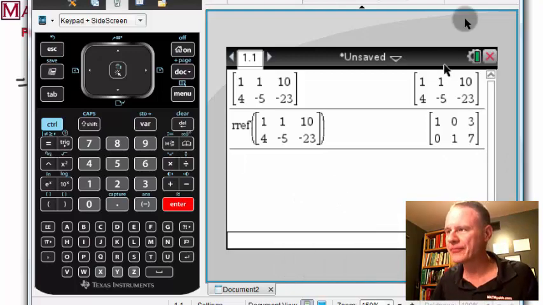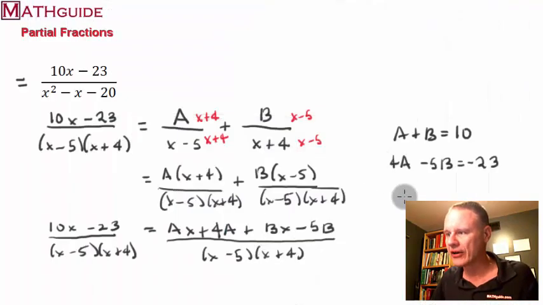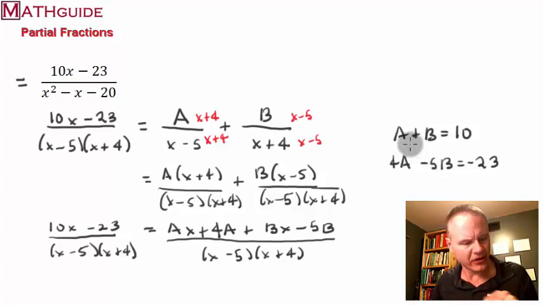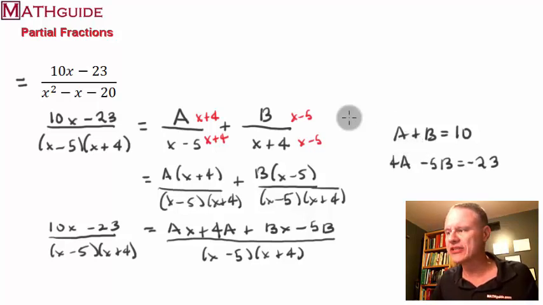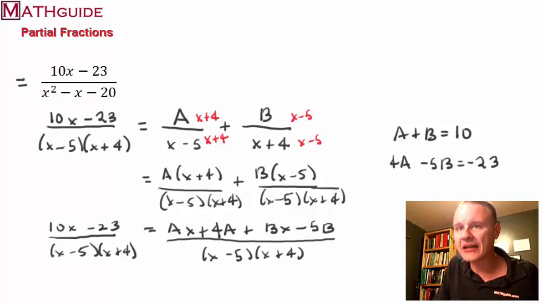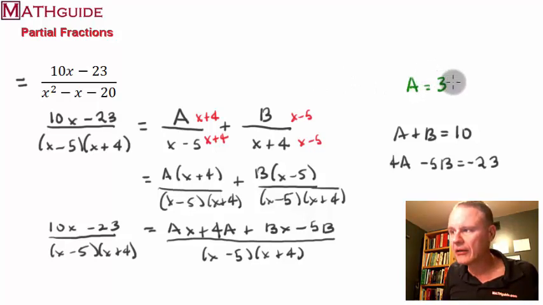Let's remember that. Okay, so I'm going to go back over here, and now I know that A was 3, correct? Yep. And the B was 7. So what you're going to do is now write that as an answer. So I'm going to try to put this in a different color. Since we found A to be 3, B to be 7, I'm now going to write that as an answer.